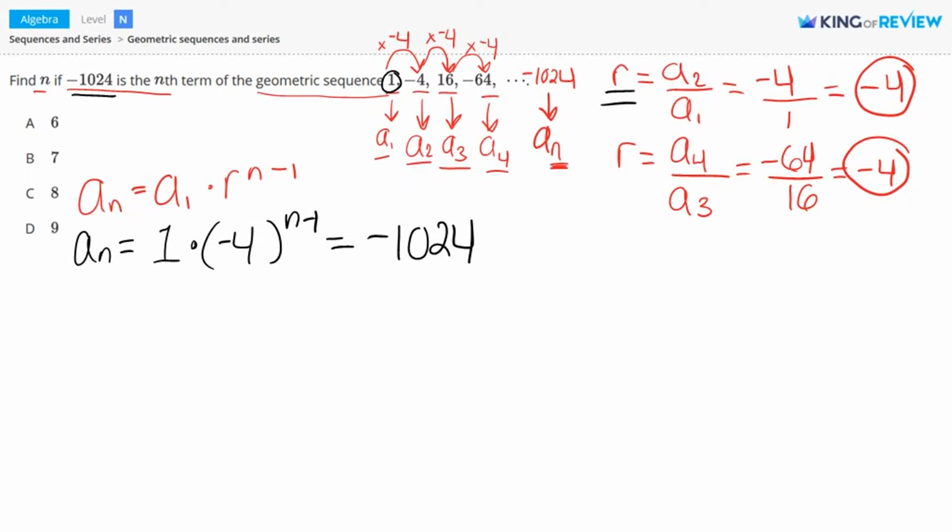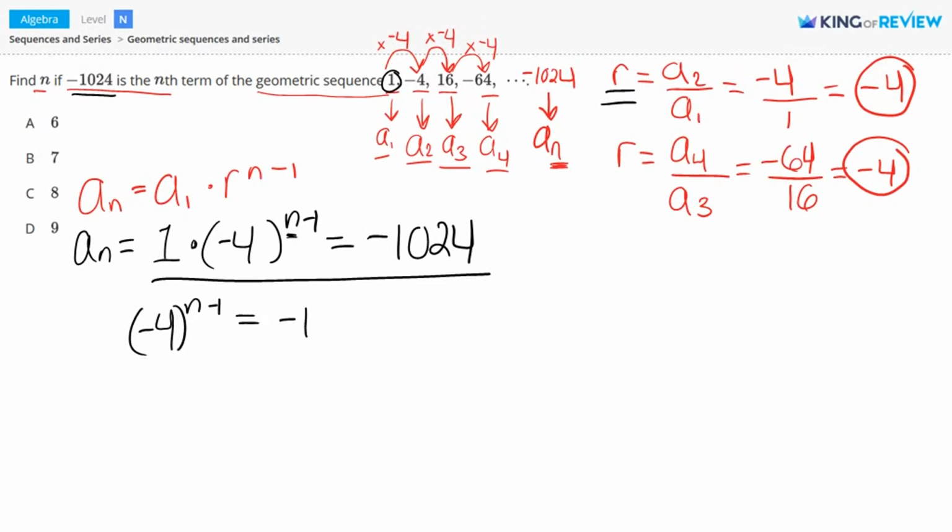So we have an equation here, and we're solving for n. So the first thing I'm going to do is divide by 1 on both sides. This will leave us with negative 4 to the n minus 1 power equals negative 1024.